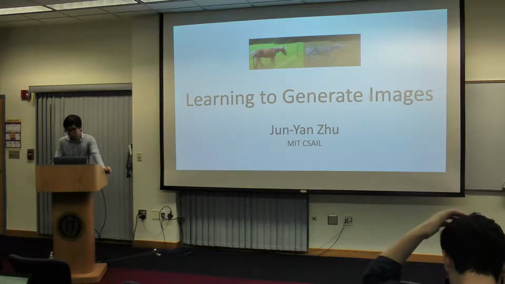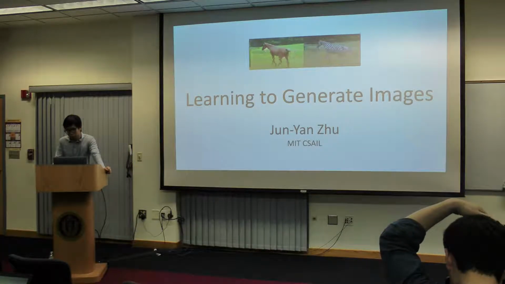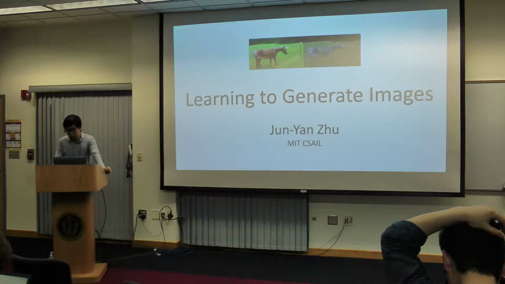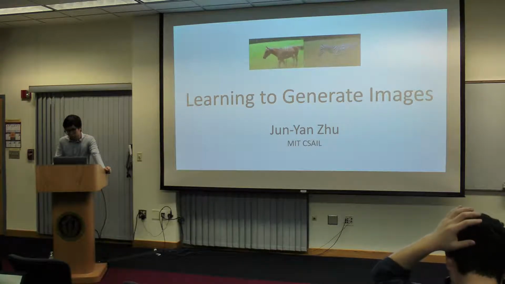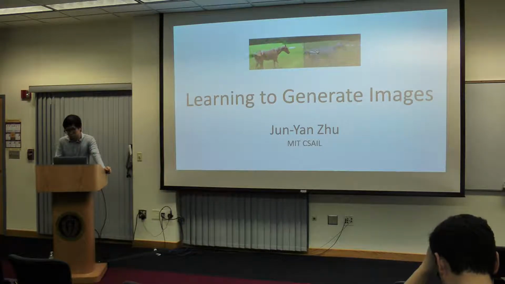Jun-Yan Zhu is a postdoctoral researcher at MIT. He got his PhD from UC Berkeley in 2017 and his undergrad degree from Tsinghua University. His research interests are in computer vision, graphics, and machine learning.